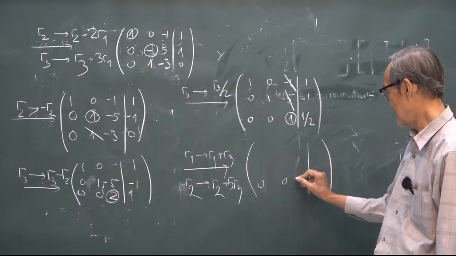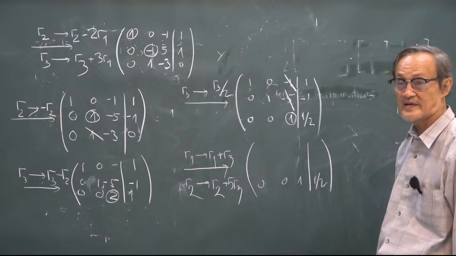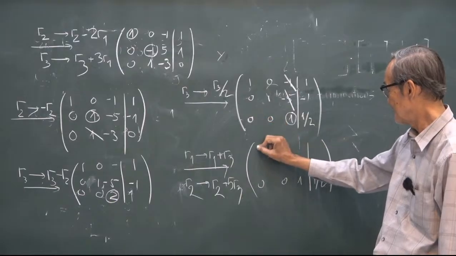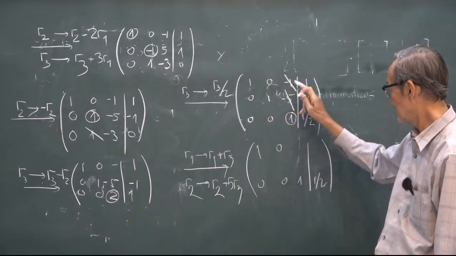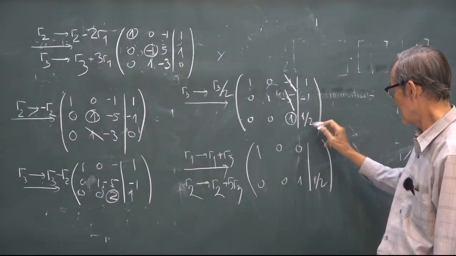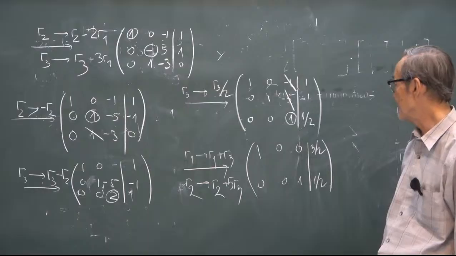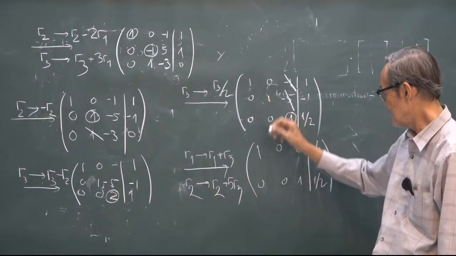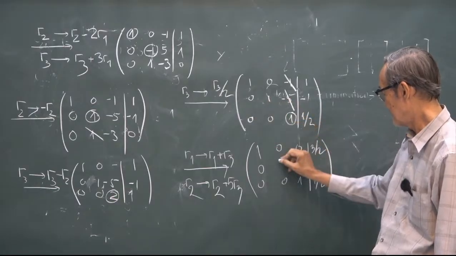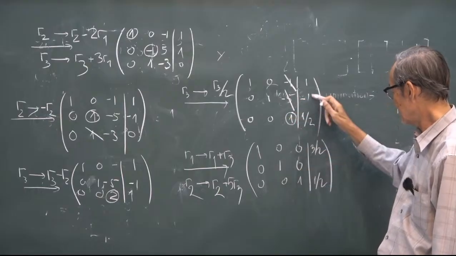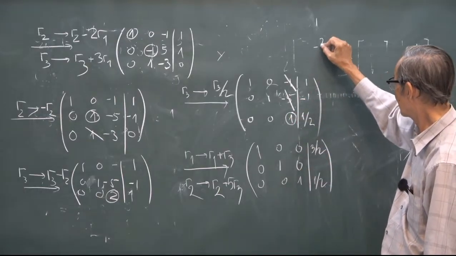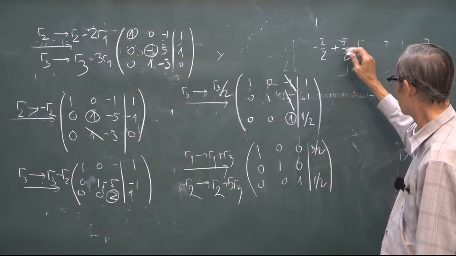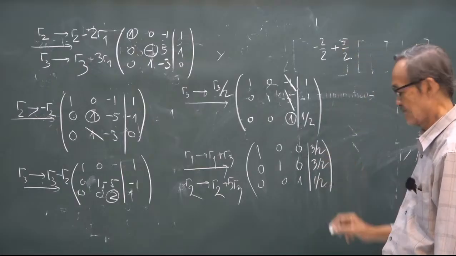Remain row 3, and row 1 plus row 3, plus 3 over 2, plus 5, 0 plus 5, plus 5 of this.